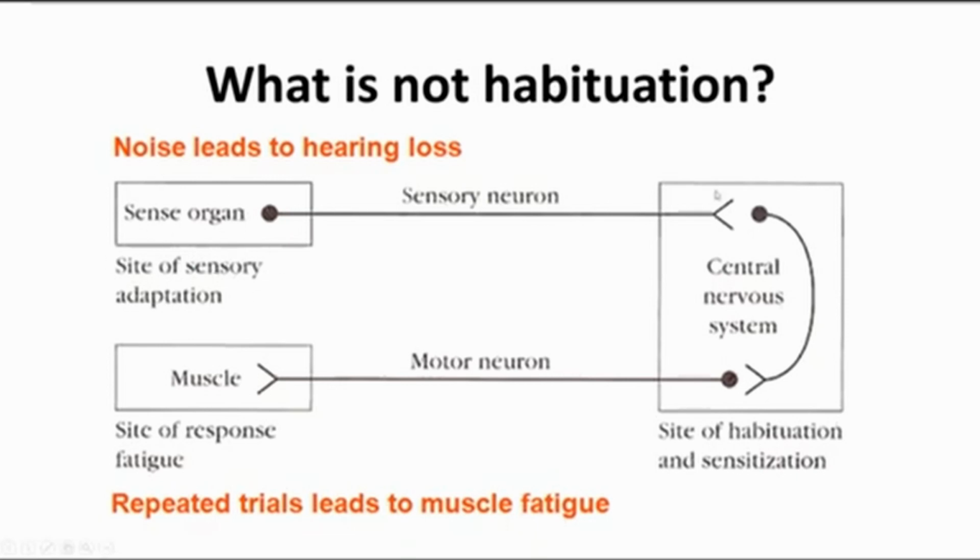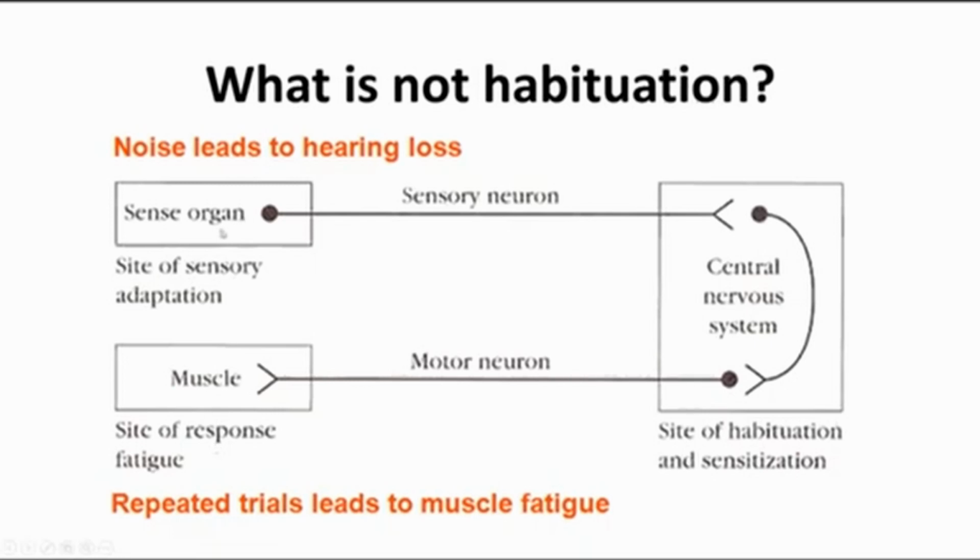If we go into our central nervous system, that's where we see habituation and sensitization occurring. And we'll talk about the mechanisms involved in that in just a couple of slides. But that's something that's going on internally at either the level of your brain or your spinal cord. That's where that's happening. And then if we want to see where fatigue is happening, that's going to be at the muscles.